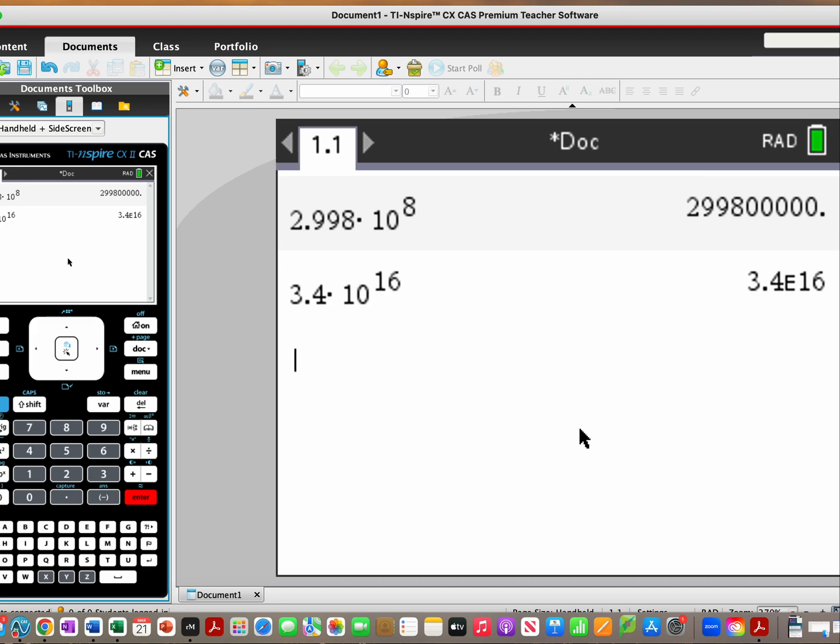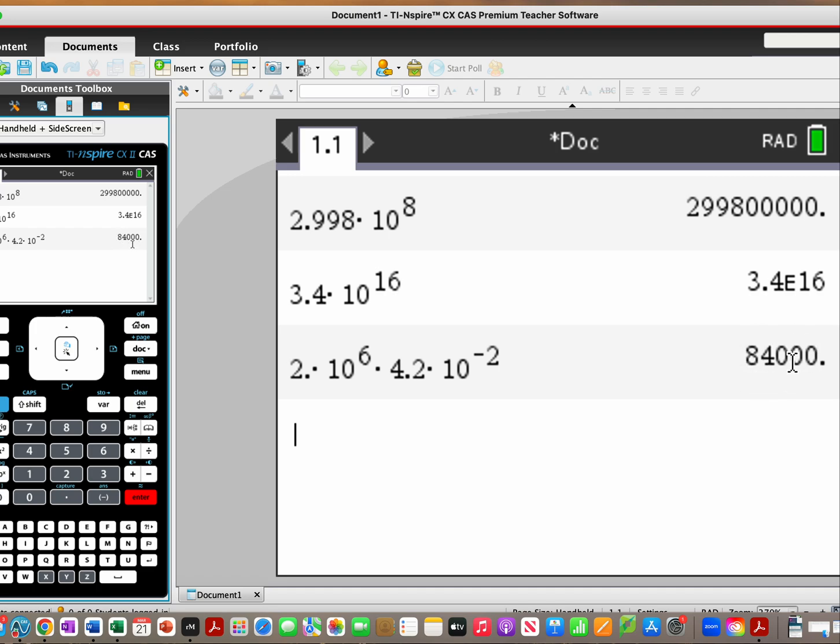Okay, if I was talking about my last few problems, so let's say I had 2.0 times 10 to the 6, and I was multiplying that by 4.2 times 10 to the negative 2, I get 84,000, or 8.4 times 10 to the 4.